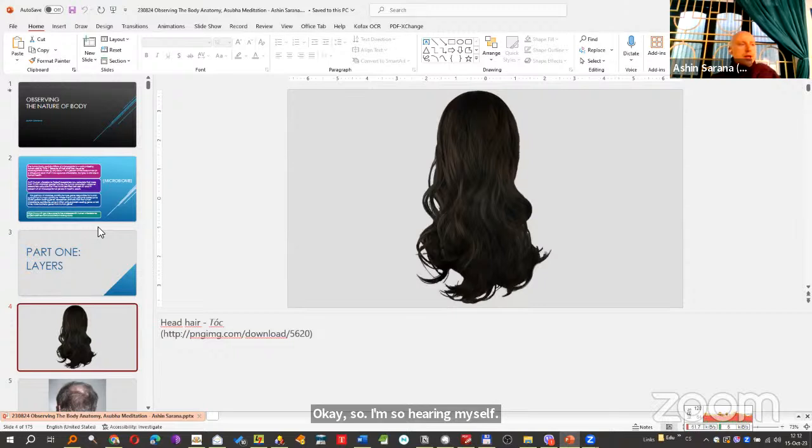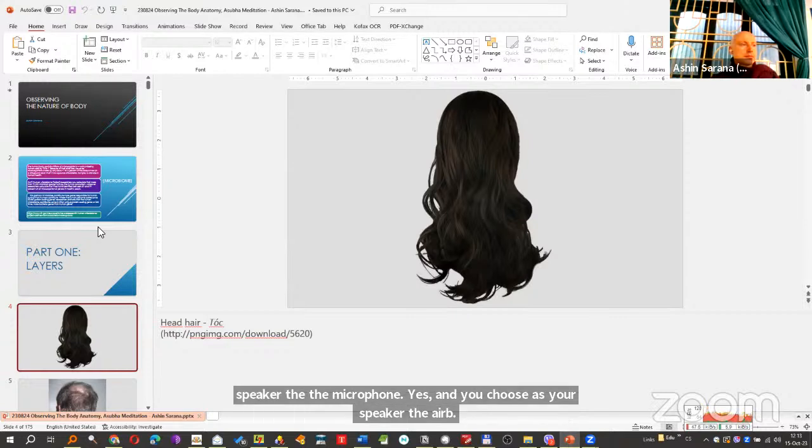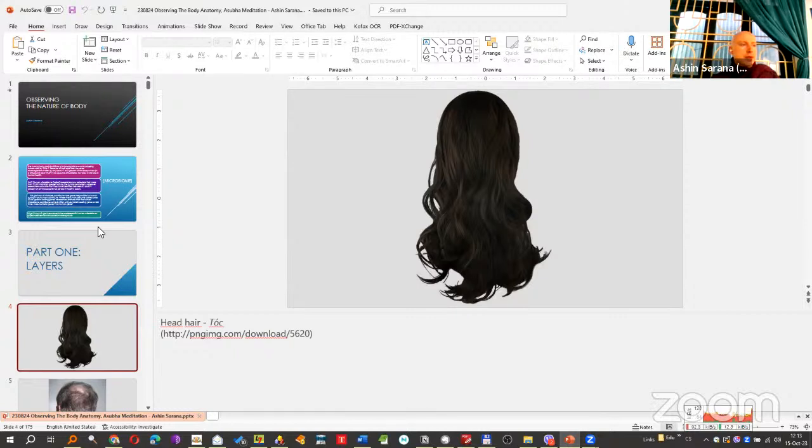You will probably need to change the speaker in Zoom. You do it by going to the little microphone picture at the bottom left corner. Bottom left corner. Yes, amazing. And there you need to click on the little roof above, close to the microphone. Yes, and you choose as your speaker the AirPods. Okay. Now, can you hear me in the earbuds? Amazing.